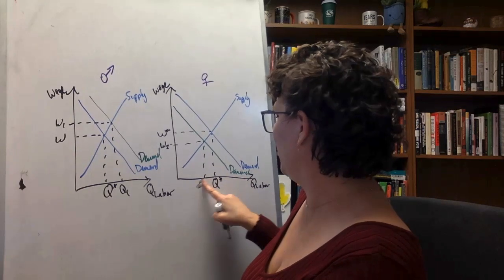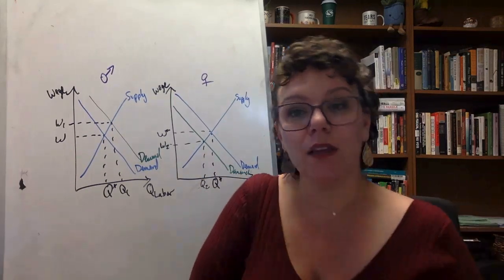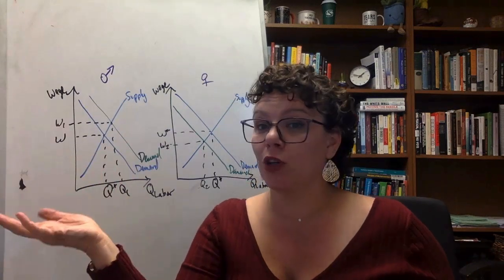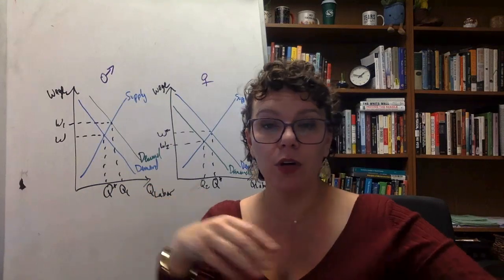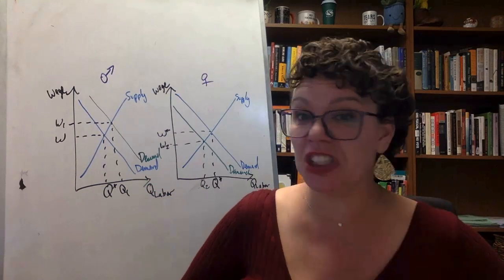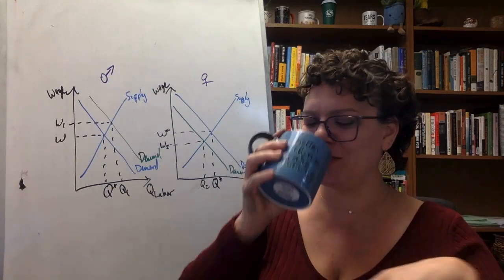Oops. Okay? And so we see that. We see evidence of women's wages being lower than men's, and maybe that's what's going on. Women's labor force participation rates have been traditionally lower. They tend to have higher unemployment rates. Maybe that's what's going on. It's just taste discrimination.